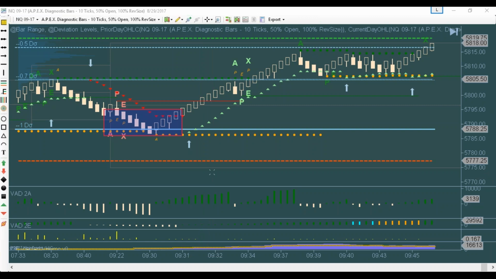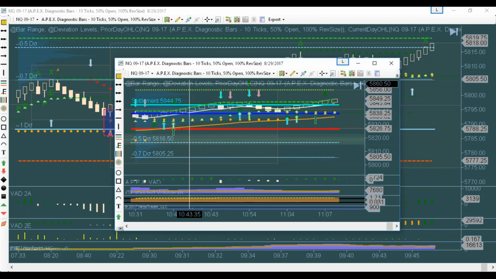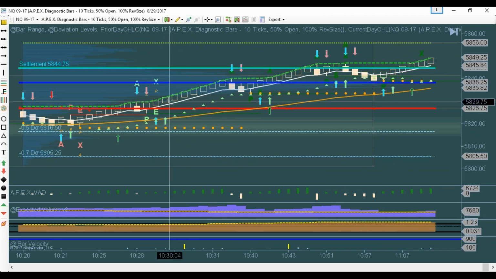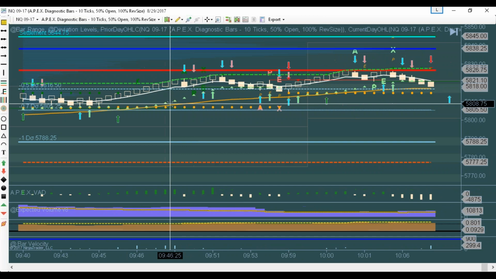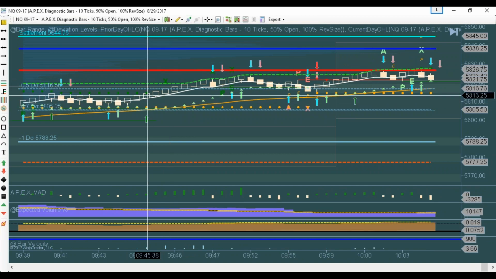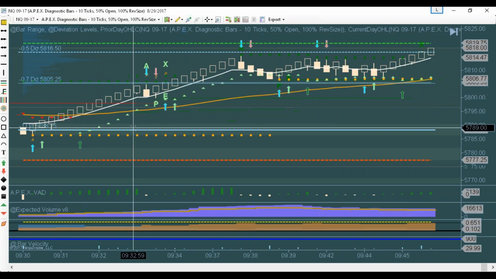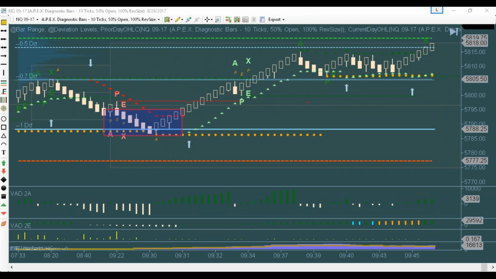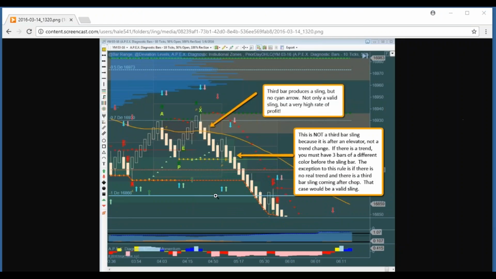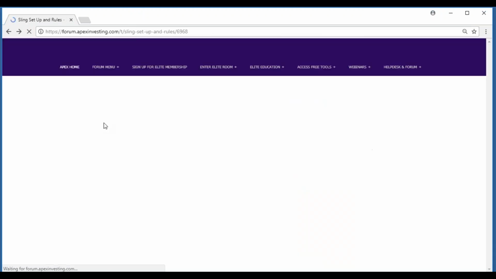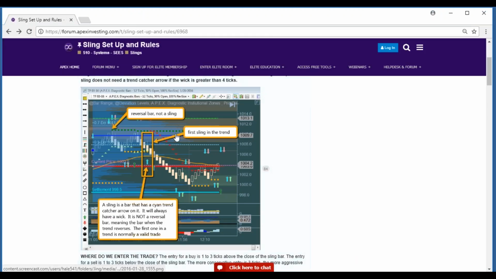Yeah, Josh, does the size of the sling matter? Yes, Josh, and that's really what these arrows are about. With the trend catcher indicator, those arrows only happen when it's pulled back enough and made a big enough wick to cause that arrow to happen.